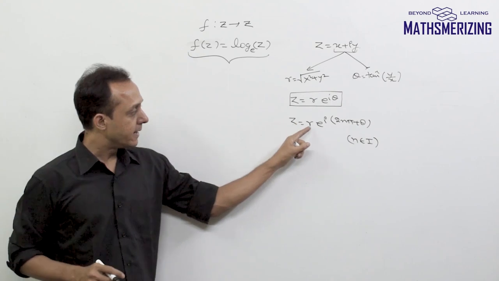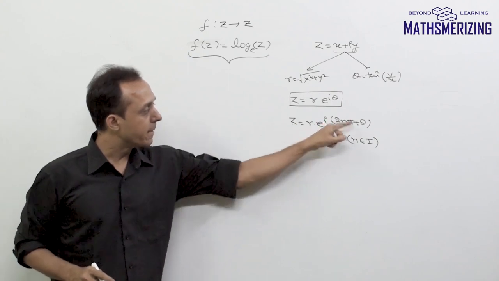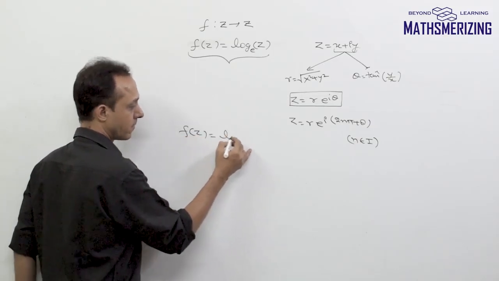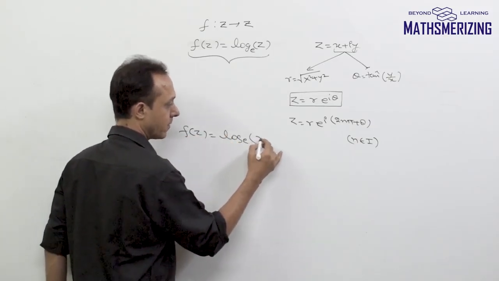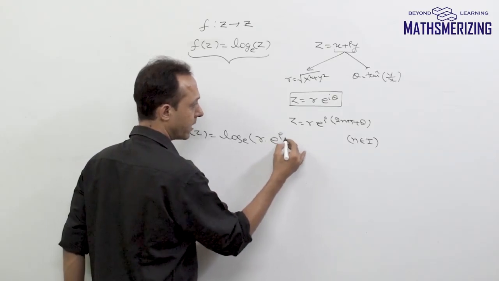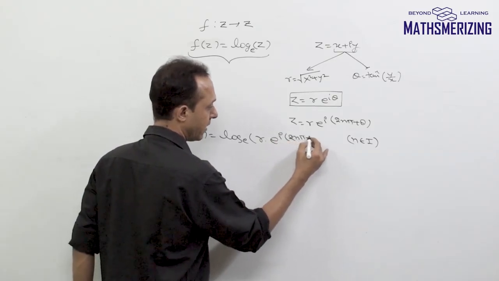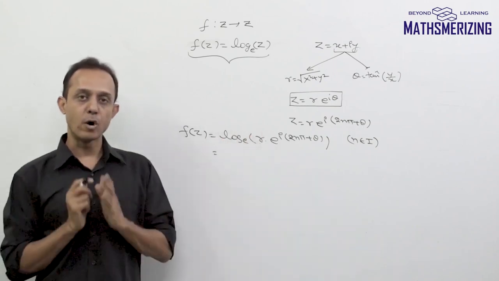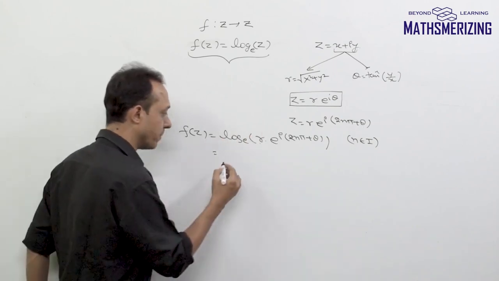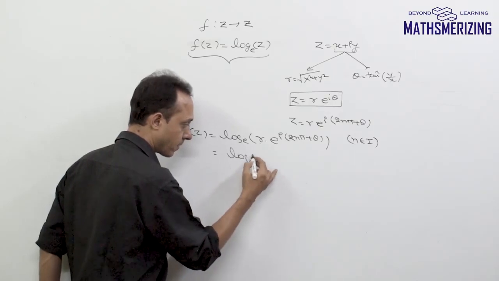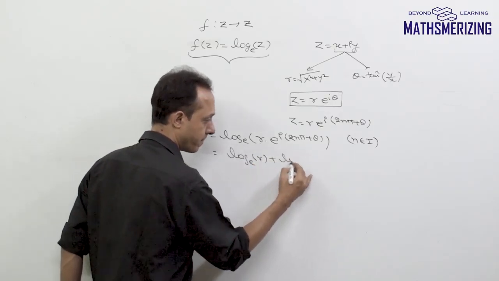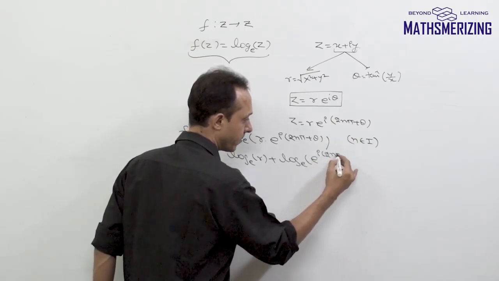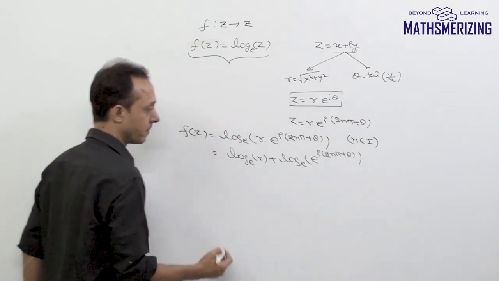So if we write z as r into e to the power iota 2n pi plus theta, I can write this function f(z) as log of r into e to the power iota 2n pi plus theta. Now log m into n, it is log m plus log n. So I'll simply write it as log r and then log e to the power iota 2n pi plus theta.